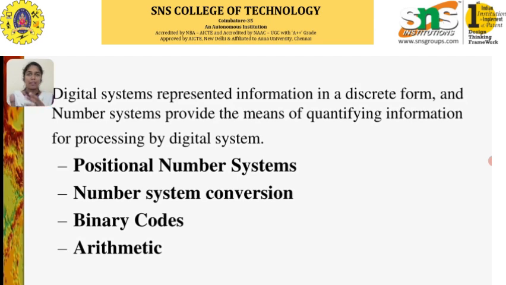Base is the number of unique digits in the system, including 0. For example, base 10 has the digits 0 to 9, base 2 has 0 and 1, and base 8 has 0 to 7.